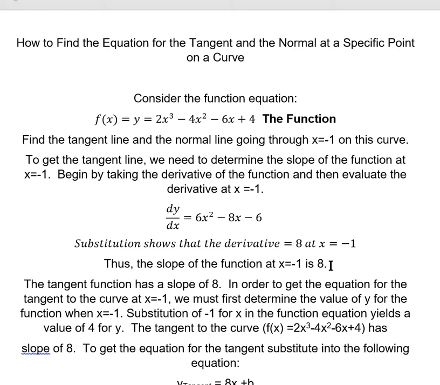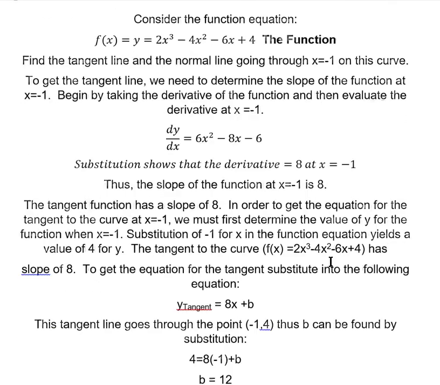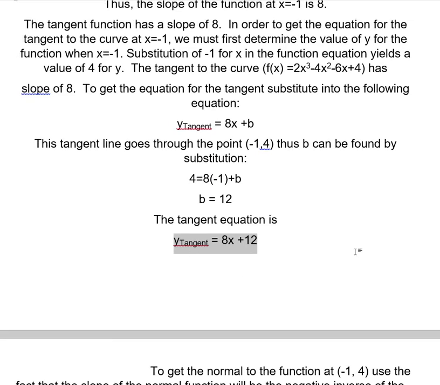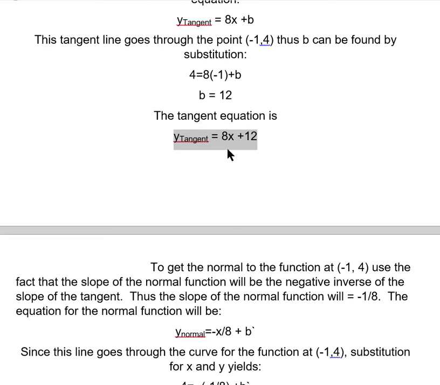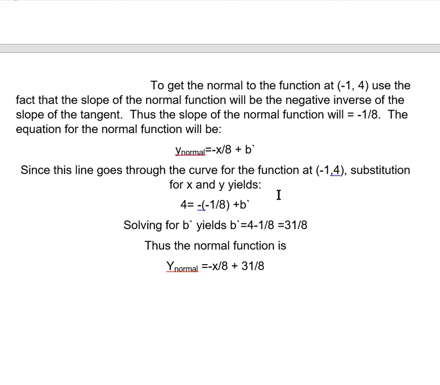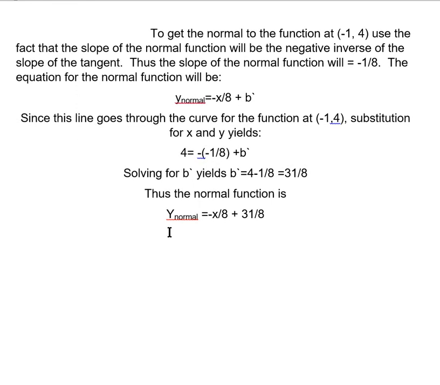The derivative is 8, so the slope of the tangent is 8. We substituted in the linear equation y equals 8x plus b. Substituting minus 1, 4, we got 12 for the intercept of the tangent. And the normal will have a slope of the negative reciprocal of the slope of the tangent, so minus 1/8. So this is the equation for the normal, and we substitute in the values of x and y to get the intercept for that.